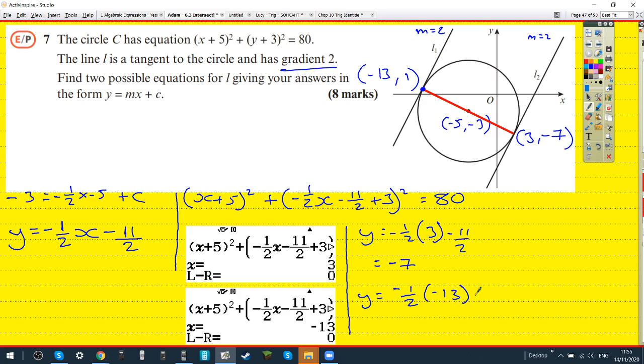So it'd be minus 7 equals, minus a half. No. Equation of tangent? What's the gradient of the tangents? A half. No. You're thinking of the diameter.